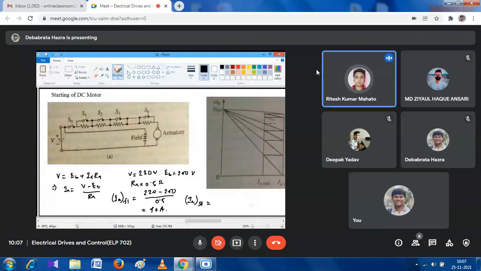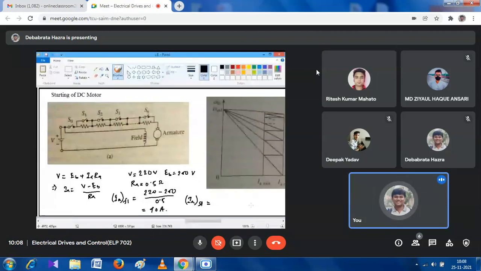Yes, sir, you are audible. Okay. So tell me what is the starting armature current? We have calculated the full load armature current is 40 ampere. Now tell me what is the starting armature current, or say armature current at the time of starting.